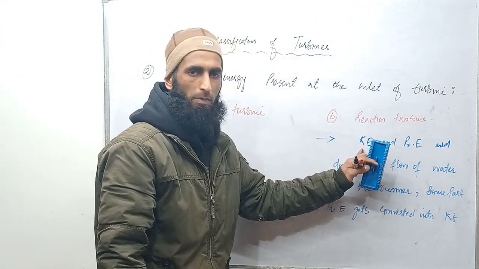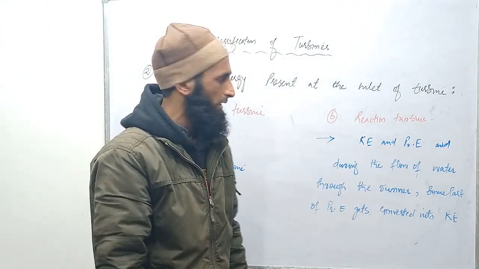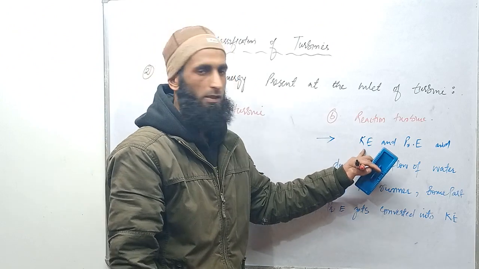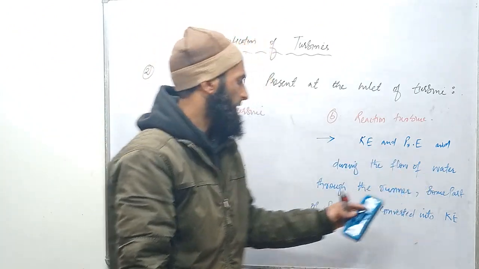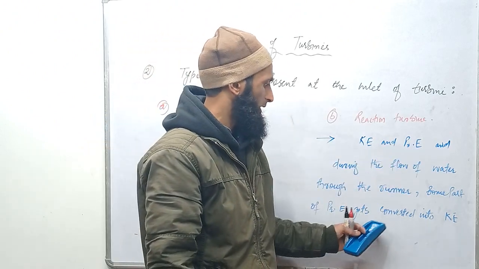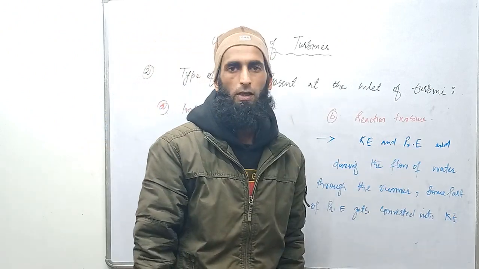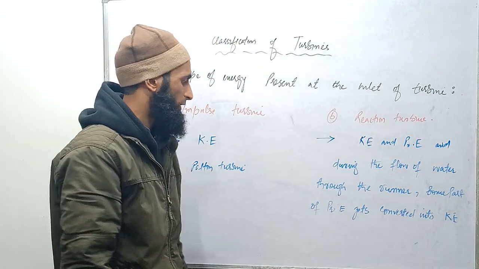In the reaction turbine, the type of energy present at the inlet of the turbine is kinetic energy and pressure energy. Upon flow through the turbine, some part of the pressure energy is converted into kinetic energy, and this type of turbine is known as a reaction turbine.